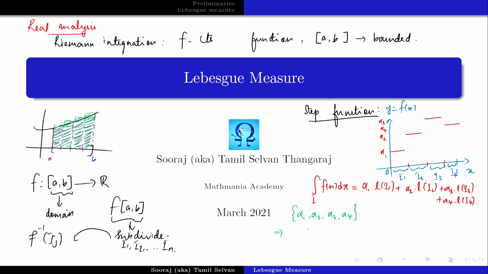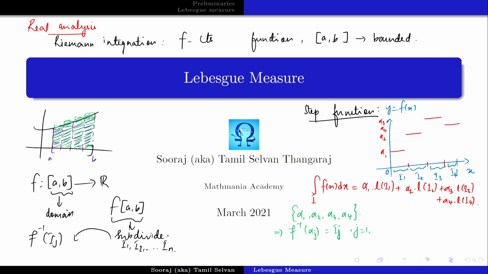Okay, so let me take only this alpha 1. Here, what is f inverse of alpha 1, which is I1? Okay, f inverse of alpha 2, which is I2. So, in general, let me take f inverse of alpha j is Ij here, right?